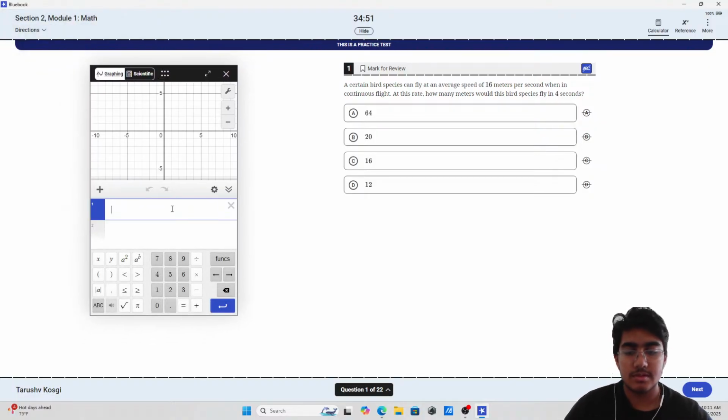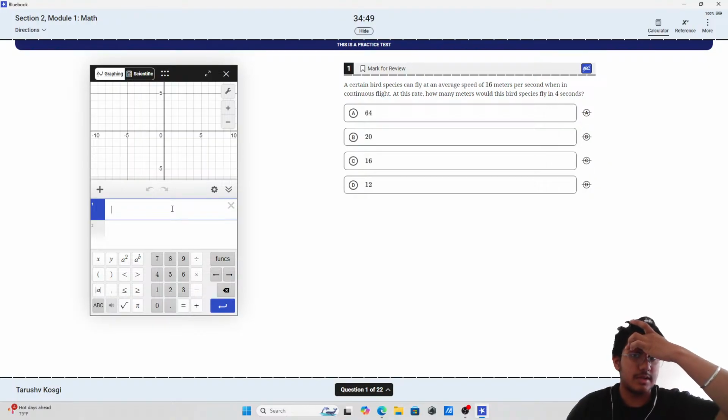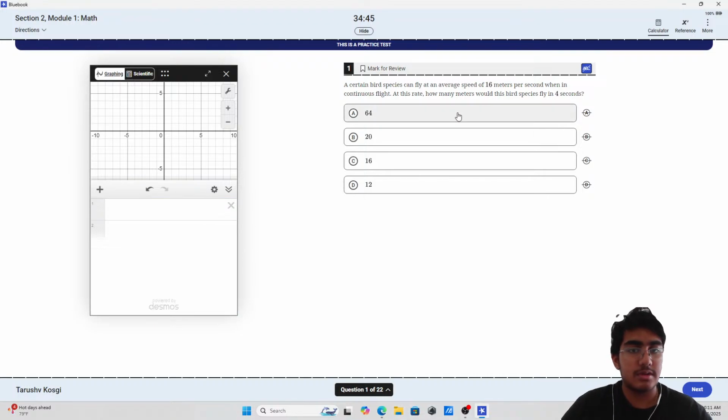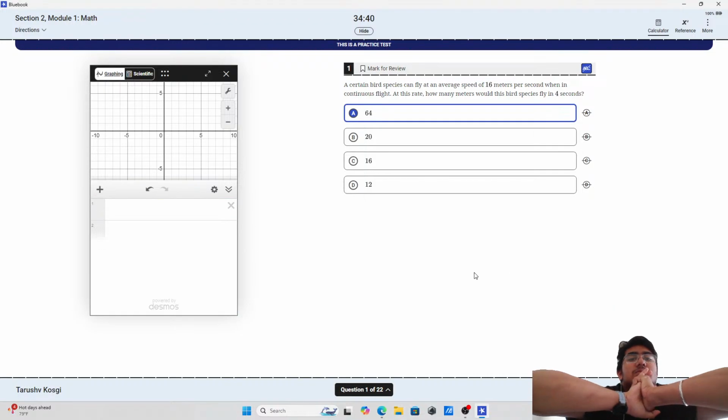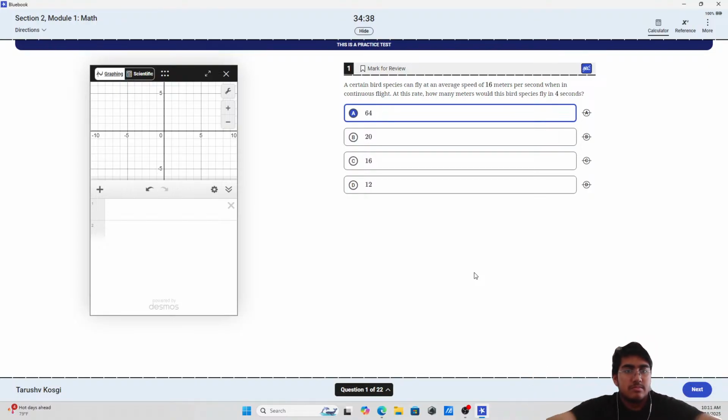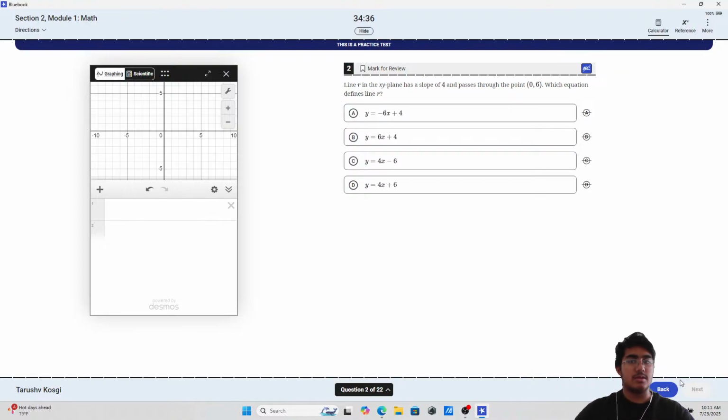So 16 meters per second. 16 times 4, 64. Seems a little easy.